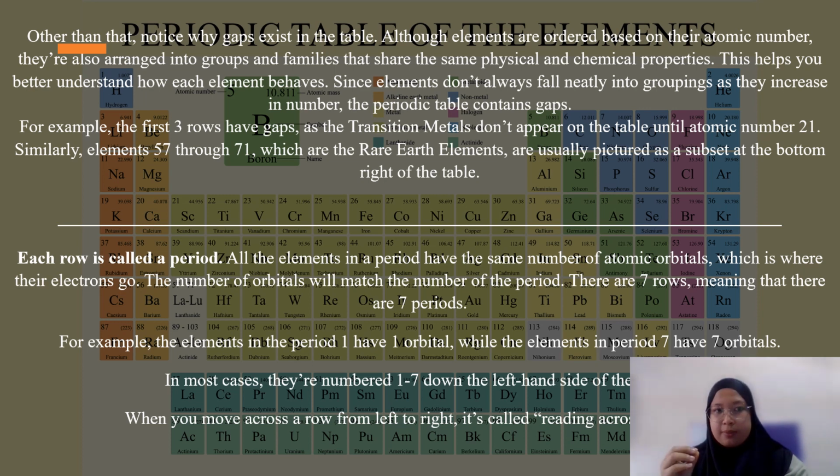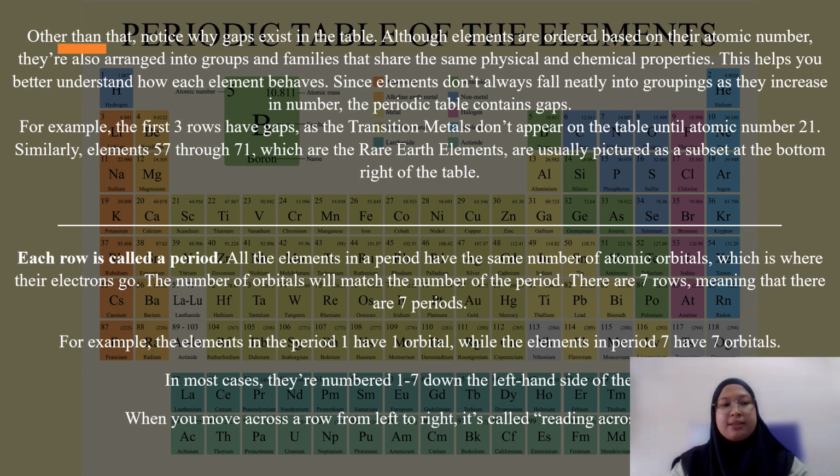For example, the first 3 rows have gaps as the transition metals don't appear on the table until atomic number 21. Similarly, elements 57 to 71, which are the rare earth elements, are usually pictured as a subset at the bottom of the table.